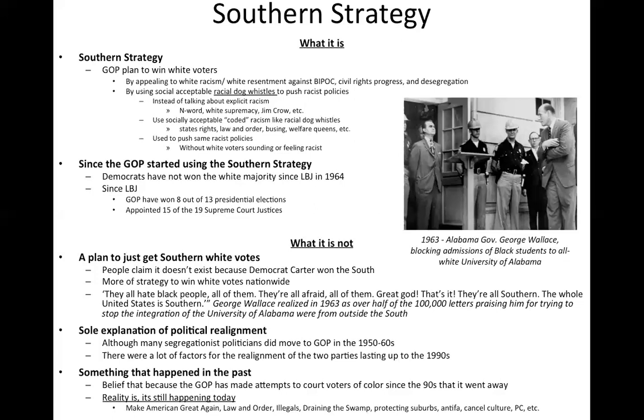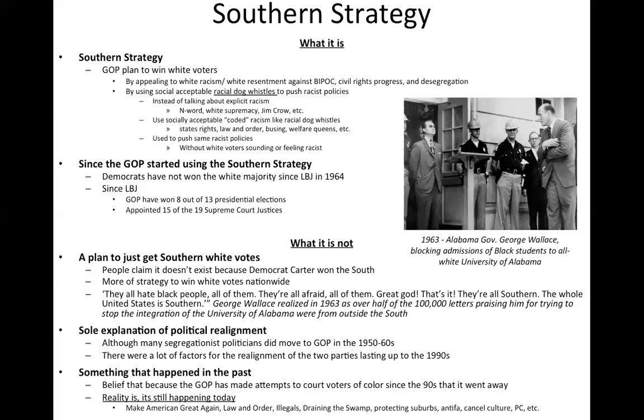So instead of using the N-word, talking about lynching or encouraging Jim Crow, they pushed the same policies of housing discrimination, racial segregation and violence, but coded them into things like states' rights, or law and order.